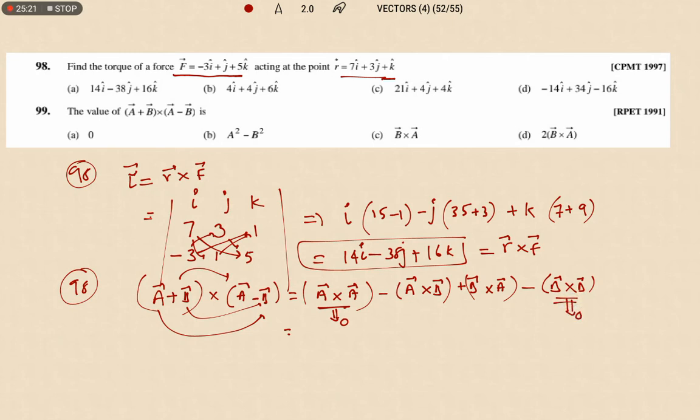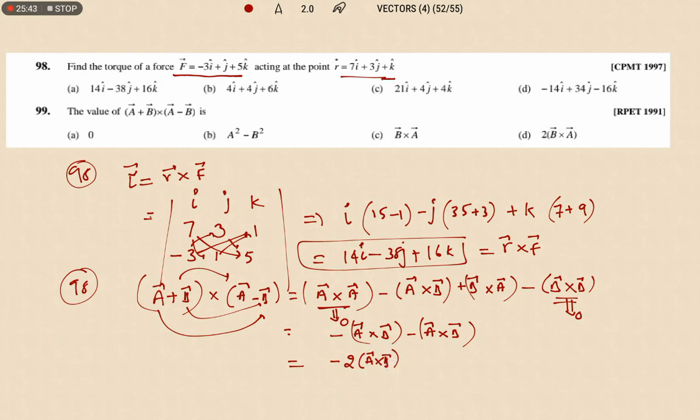The cross product of like vectors will be 0. So minus A bar cross B bar, and B bar cross A bar we can write as minus A bar cross B bar. So minus A bar cross B bar minus A bar cross B bar, therefore minus 2 times A bar cross B bar.